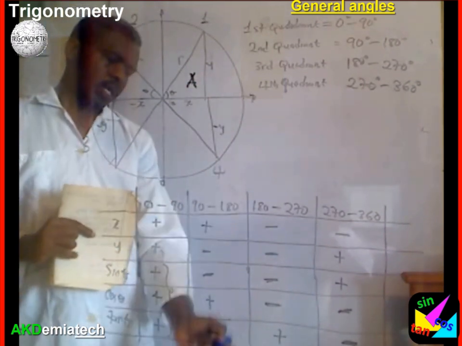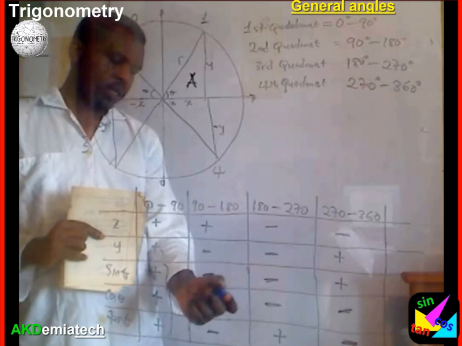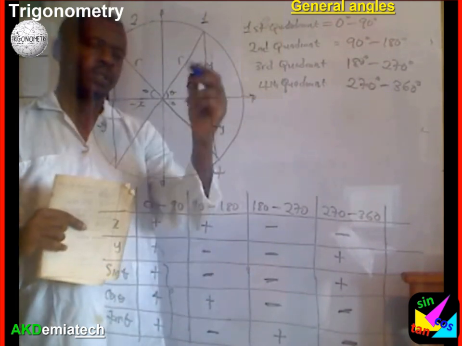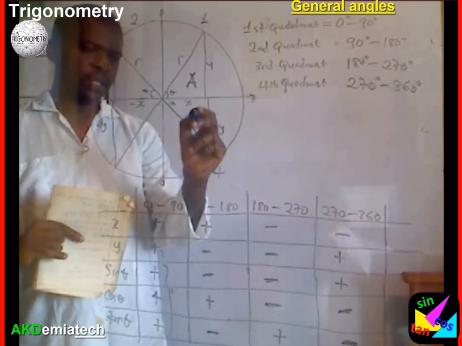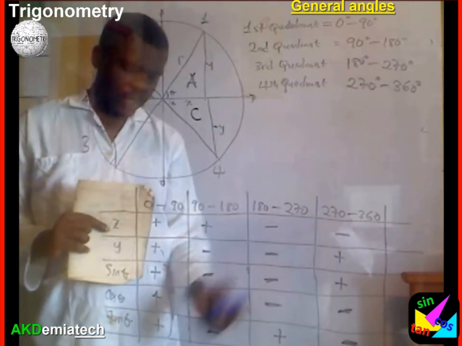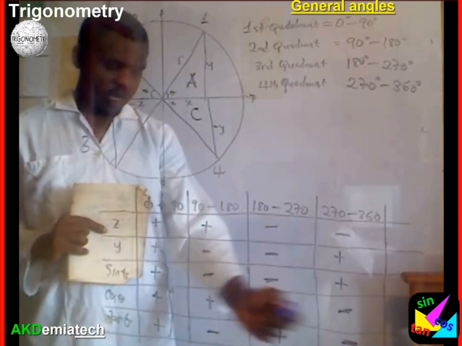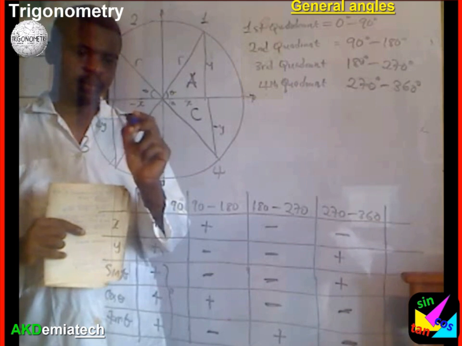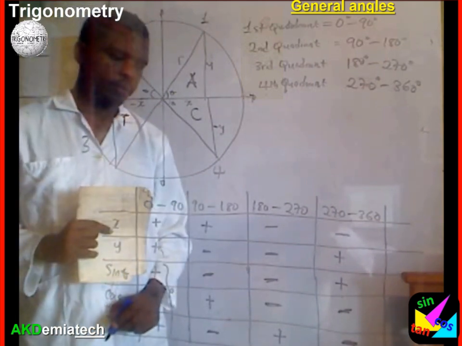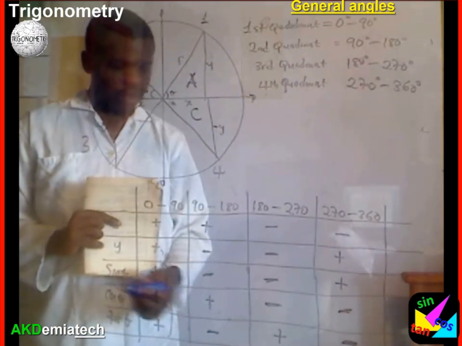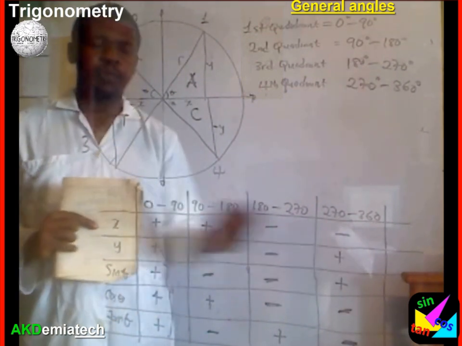In the fourth quadrant, only cosine theta is positive. So I put C there. In the third quadrant, only tan theta is positive. Let me put a T there. In the second quadrant, only sin theta is positive. I put an S there.